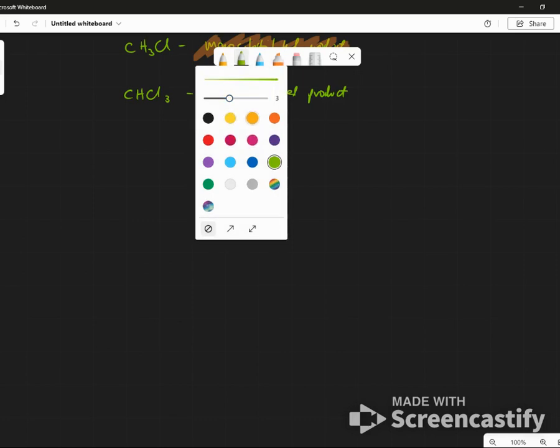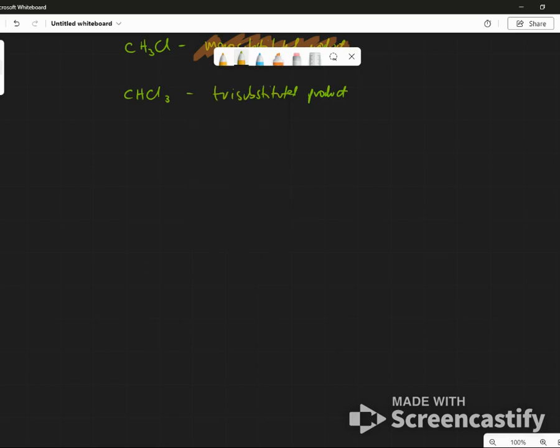All right. So now let's go to the next step. Let's have a look at propane. There's propane. A nice propane molecule. Now, here we go with propane. Now I'm going to subject this to ultraviolet light and chlorine.